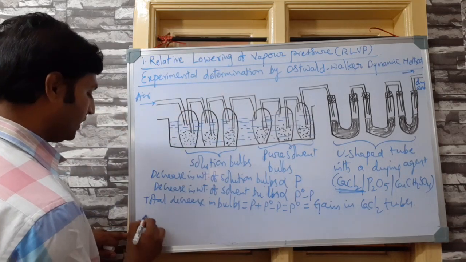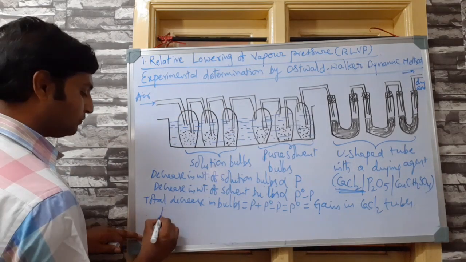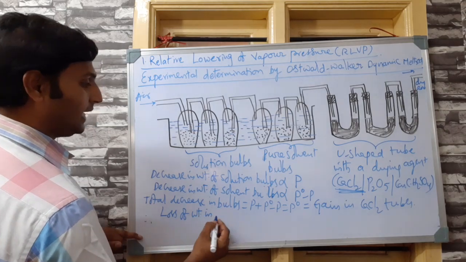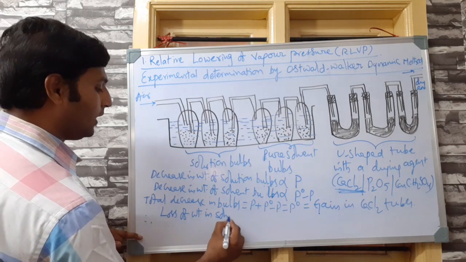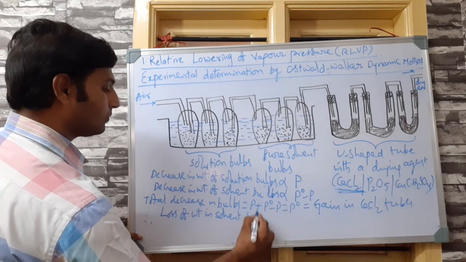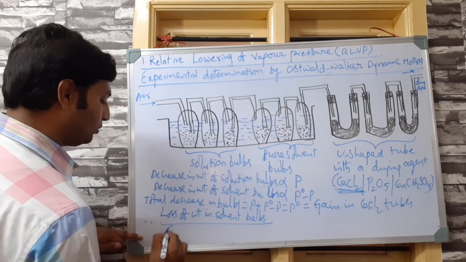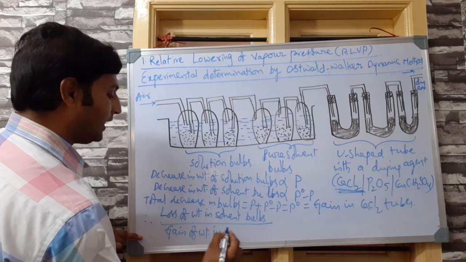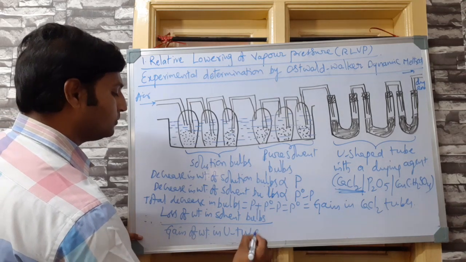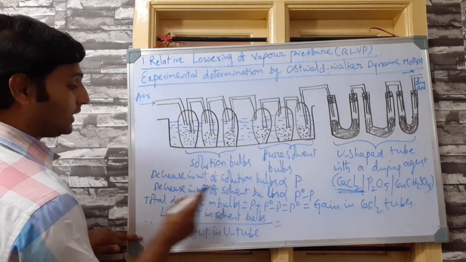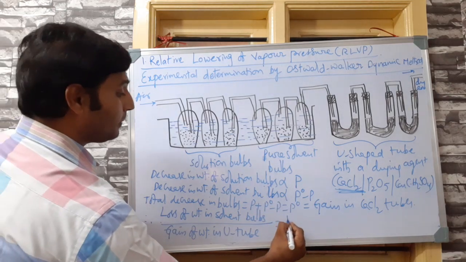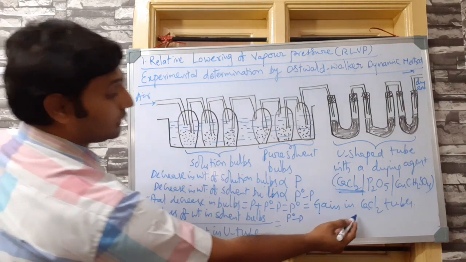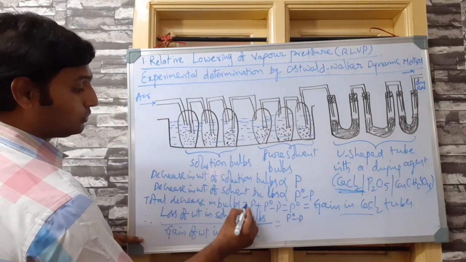Therefore, if I take the ratio of loss of weight in solvent bulbs to gain of weight in U-shaped tubes, then what was the loss of weight in solvent bulbs proportional to? P naught minus P. What is the gain of weight in calcium chloride tubes proportional to?